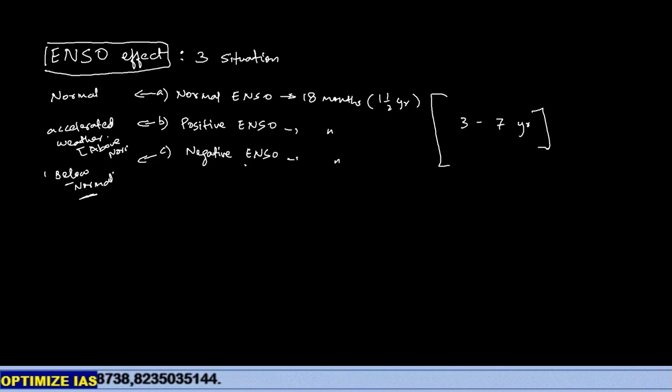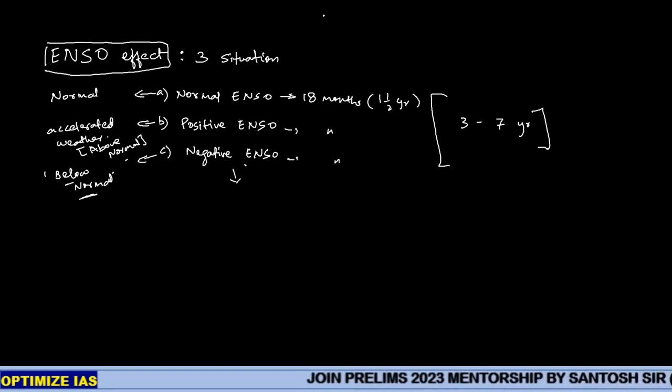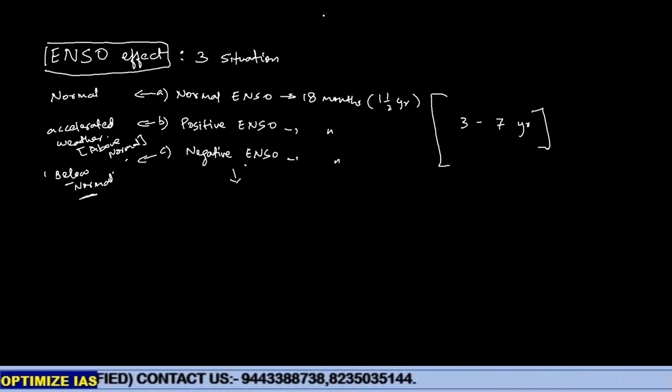So when India experiences above normal monsoon, is that positive ENSO or negative ENSO? Positive ENSO, absolutely. When India experiences above normal monsoon, it means positive ENSO, called La Nina effect, correct.